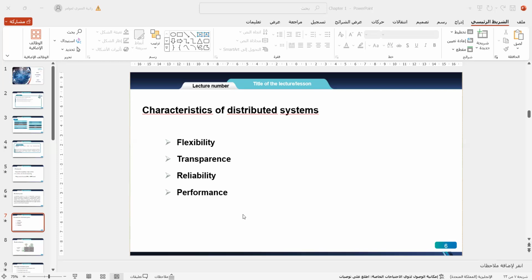For the reliability, a well-designed distributed system can withstand failures in one or more of its nodes without severely impacting performance. In a monolithic system, the entire application goes down if the server goes down.